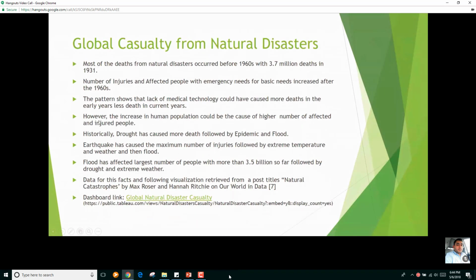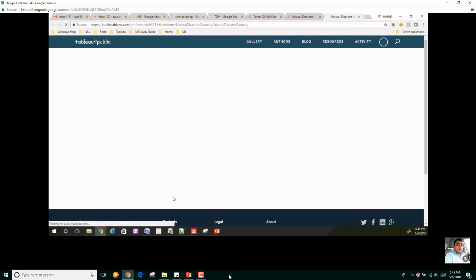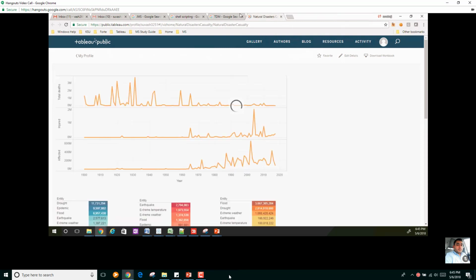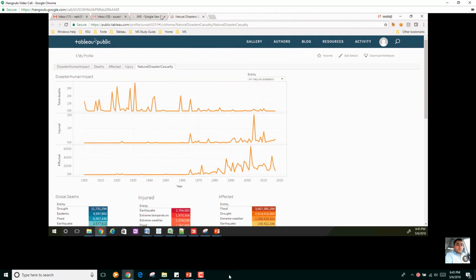So with the data we had, we did the analysis of the casualties on the global scale from the natural disasters. And I can show it here. So, disaster human impact.